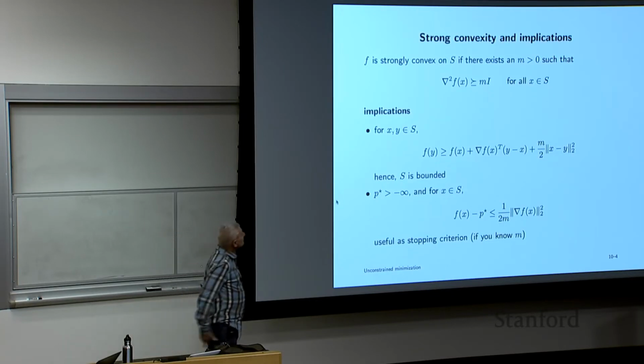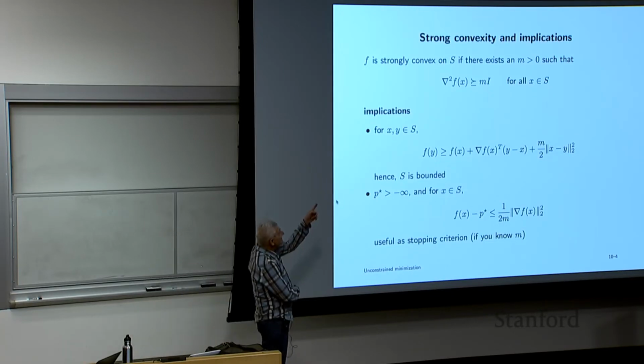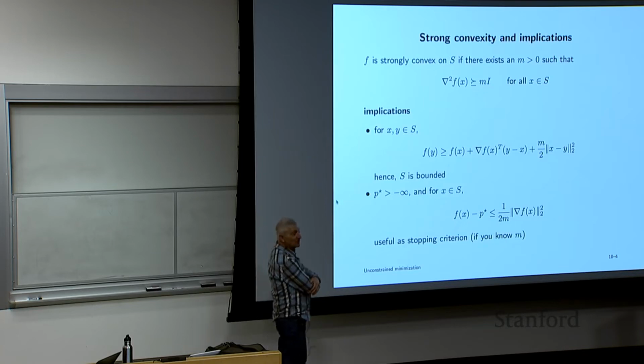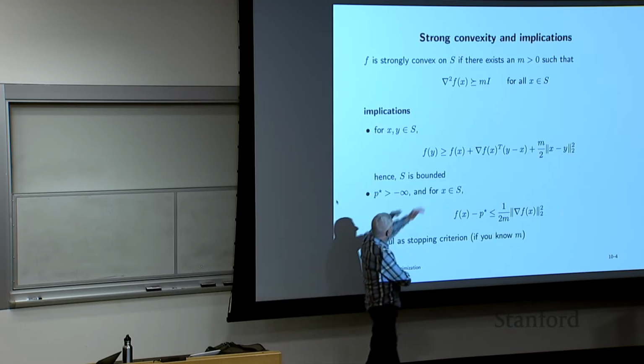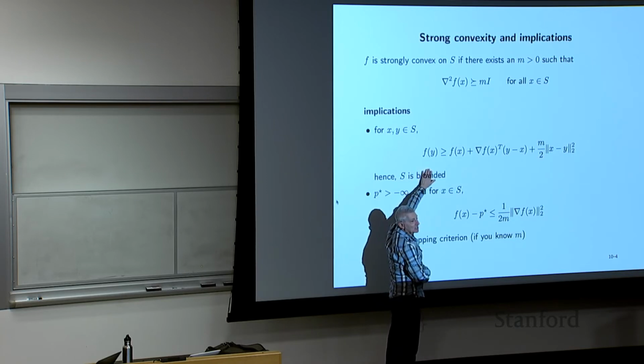Okay, so if this is the case, then this says that f minus m times the norm of x squared is actually convex. And if you then apply the basic convexity formula to that, you get a strengthened Jensen, I guess it's not Jensen, whatever.